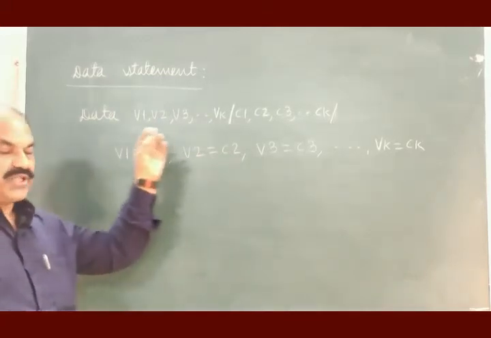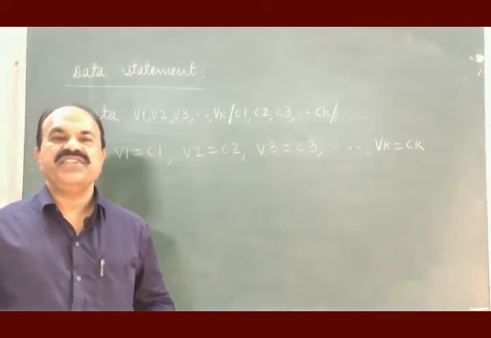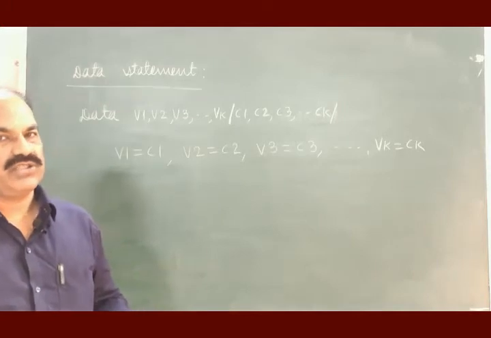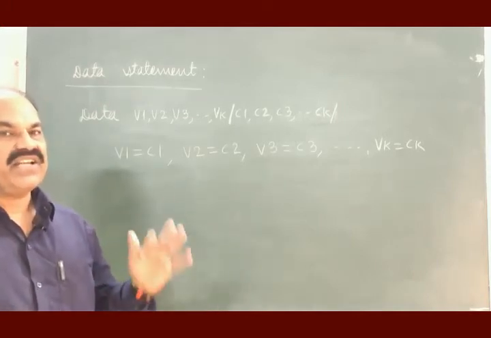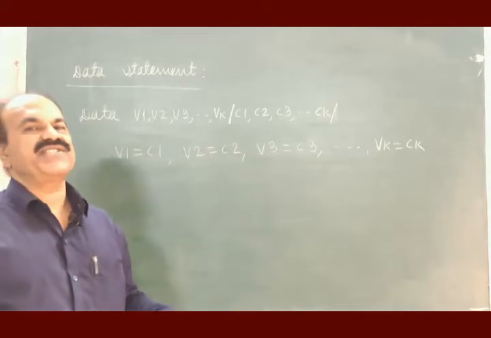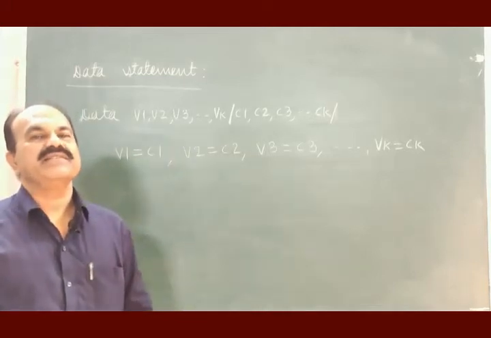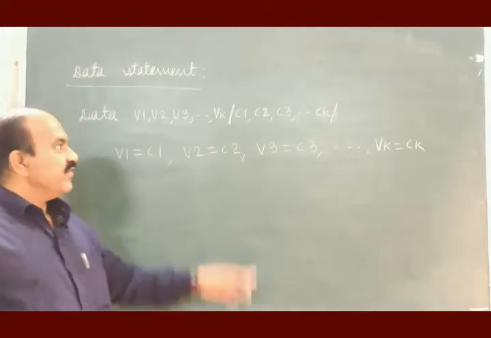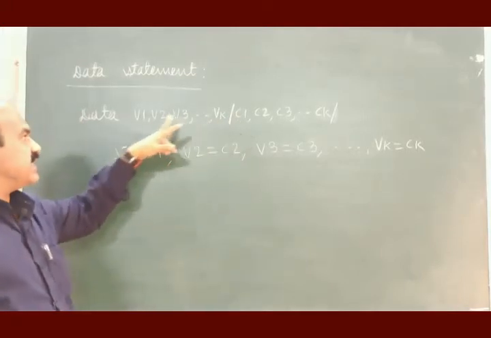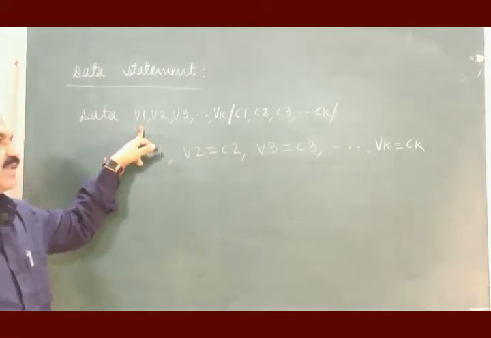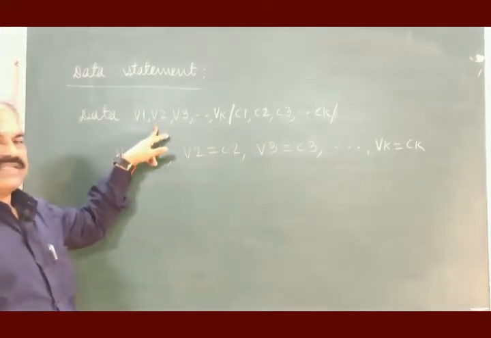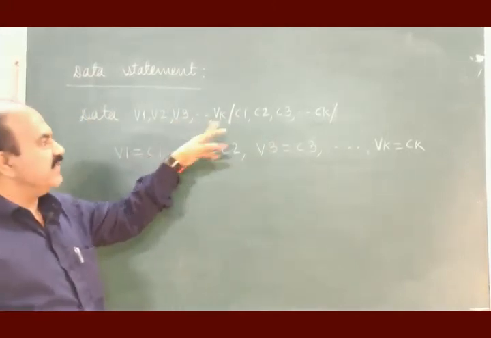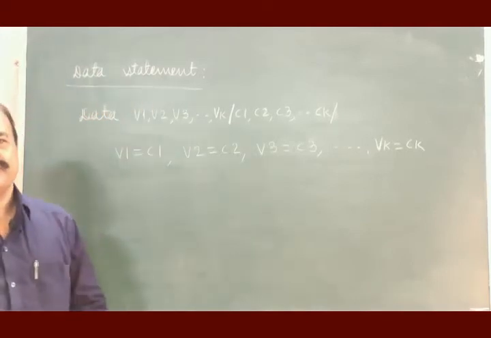This is non-executable statement. Whenever it is encountered by the compiler of Fortran, compiler reads and understands this statement, and after understanding this statement, first constant will be assigned to first variable, second constant will be assigned to second variable, third constant will be assigned to third variable, and so on.